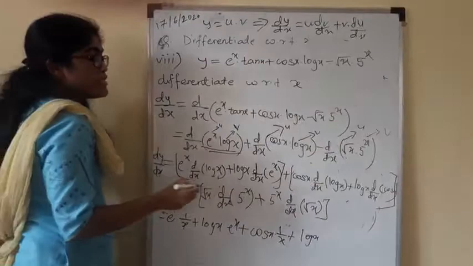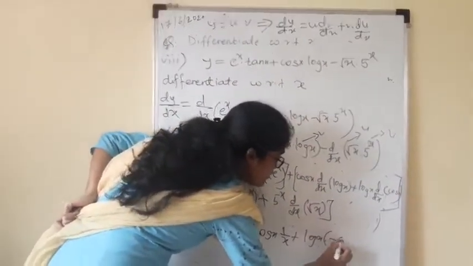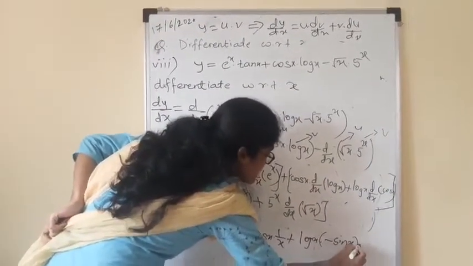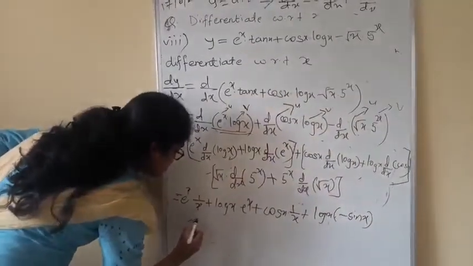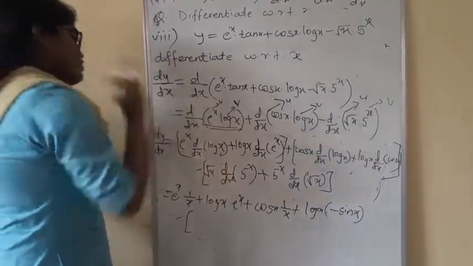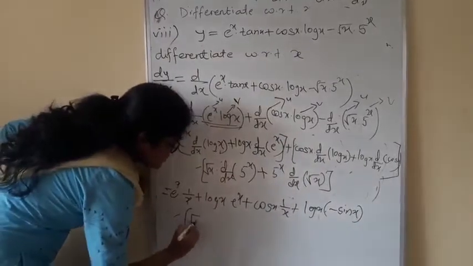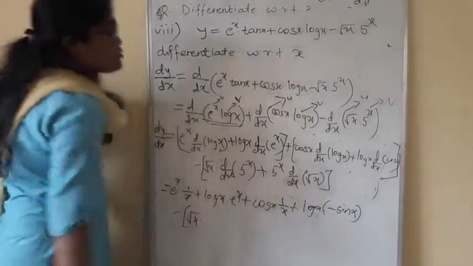Derivative of cos x is minus sin x, minus root x as it is, derivative of 5 raised to x.